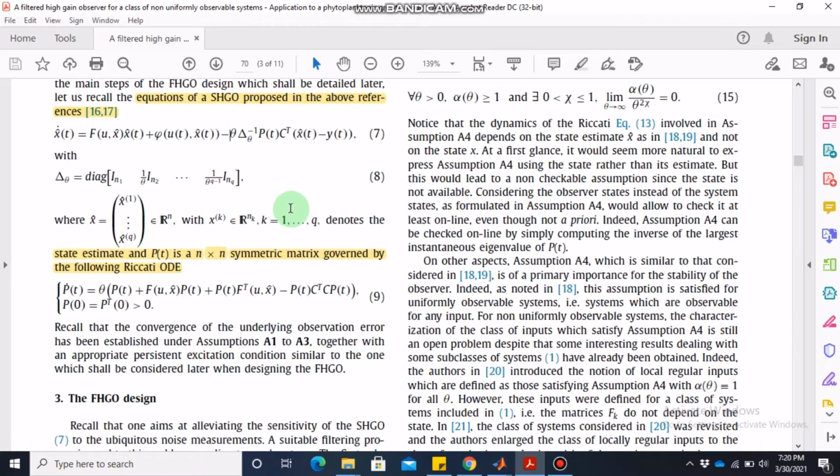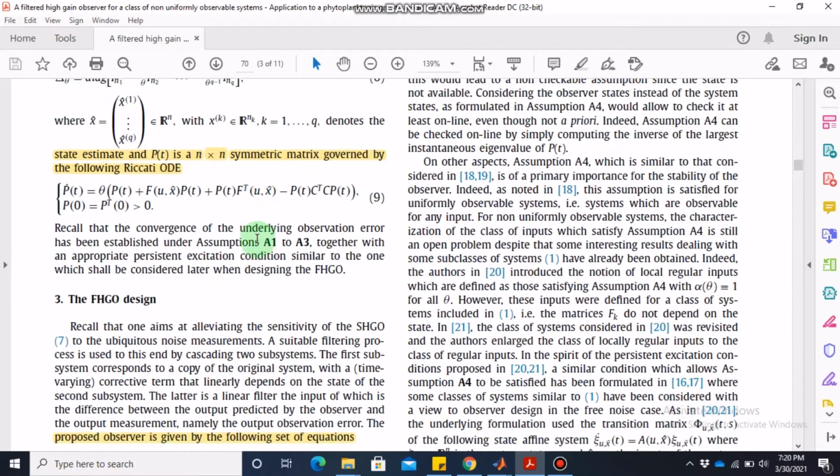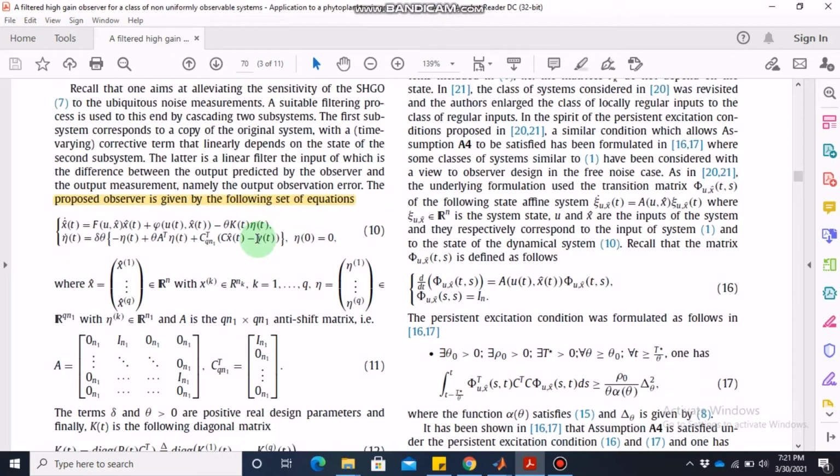So based on this previous high gain observer, the authors have proposed a new high gain observer which involves a filter as well.